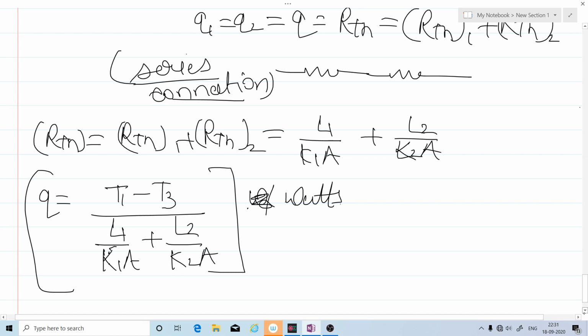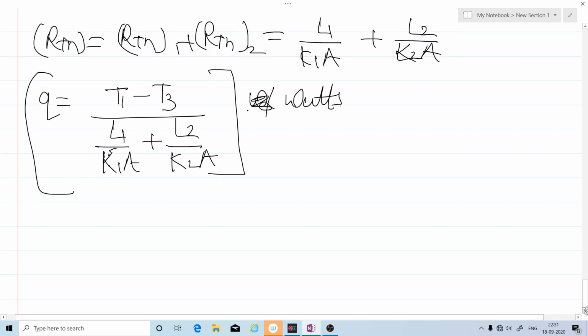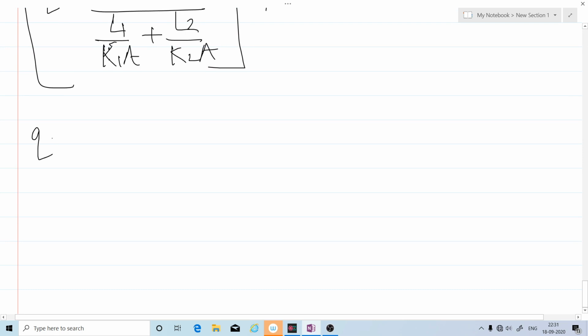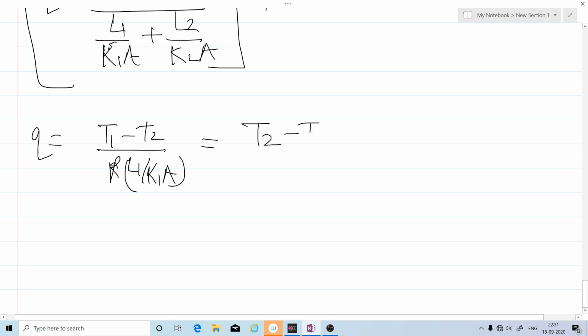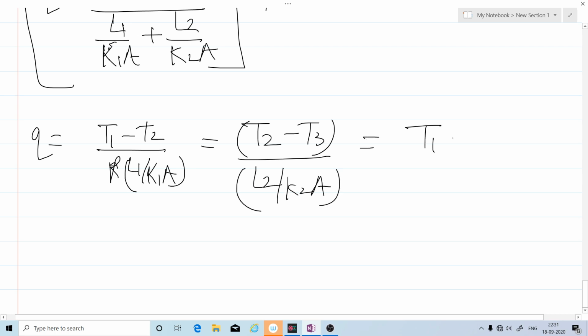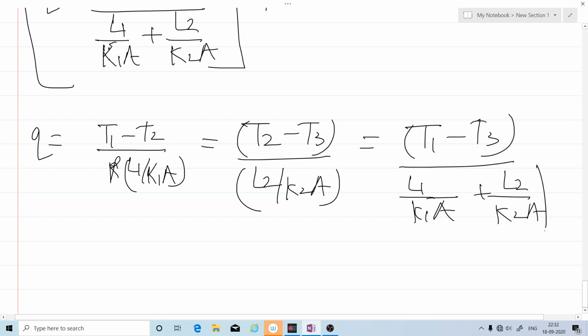This heat transfer will also be equal to what? It will also be equal to the heat transfer taking place through the first rectangular slab, that is T1 minus T2 over L1 by K1A, the heat transfer through the second rectangular slab, that is T2 minus T3 over L2 by K2A, and the heat transfer through the complete circuit, T1 minus T3 over L1 by K1A plus L2 by K2A.